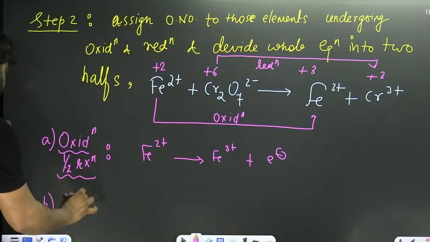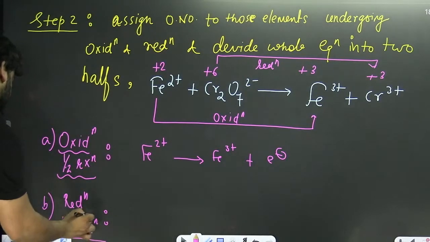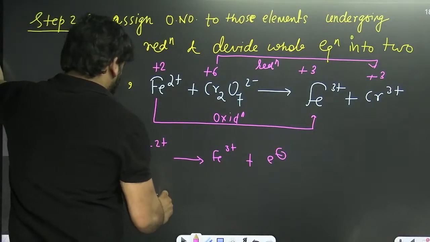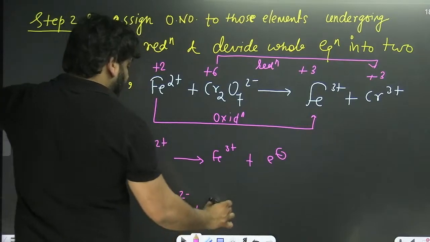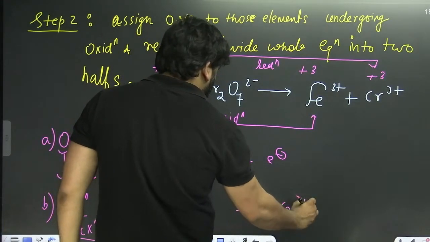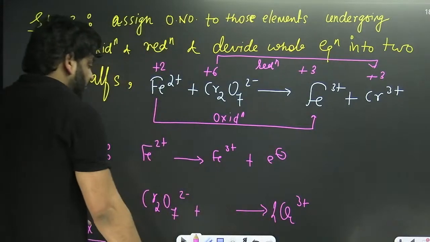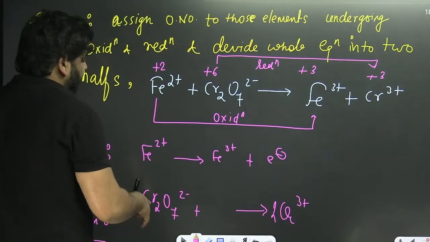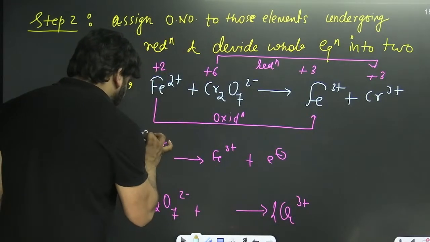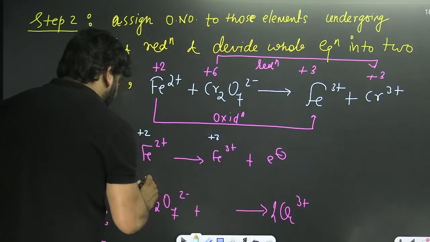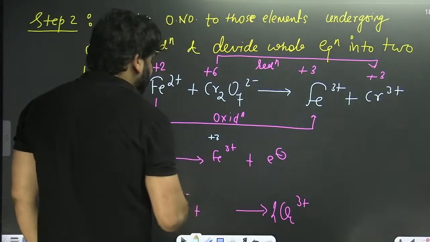Next is the reduction half reaction. The reduction half reaction is Cr2O7 2 minus, accepting some number of electrons, gets converted into Cr3 plus. First of all, you balance the number of chromium. Here put a 2.